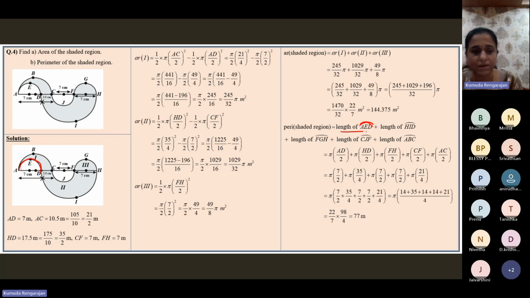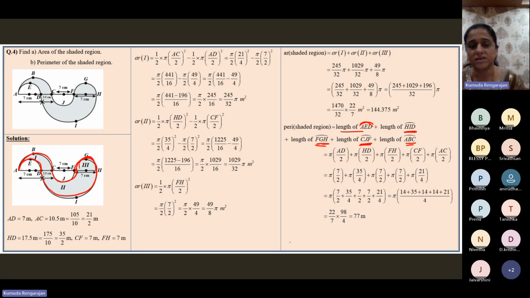Length of arc AED plus length of arc DIH, or HID, plus the length of arc HGF, or FGH, plus the length of arc CJF, plus the length of arc CBA, or ABC.